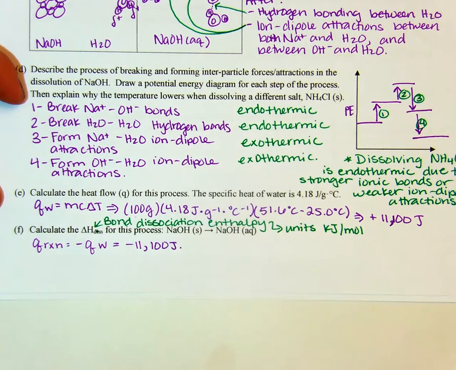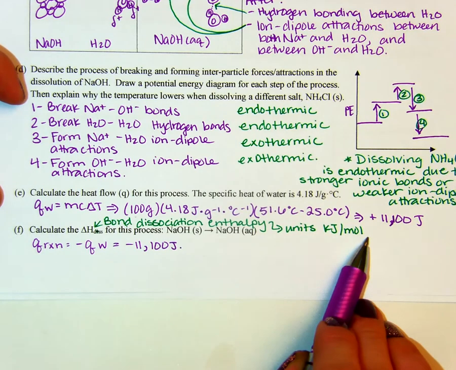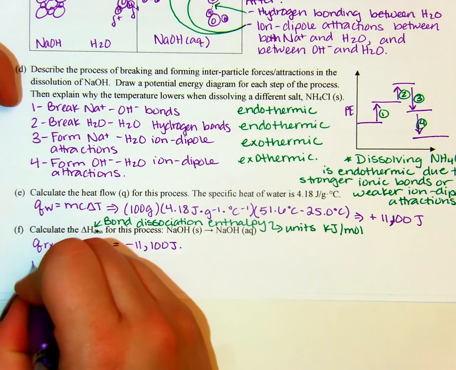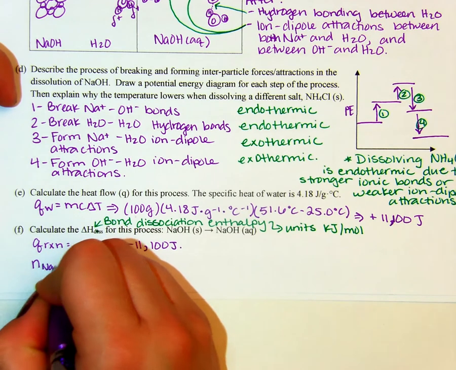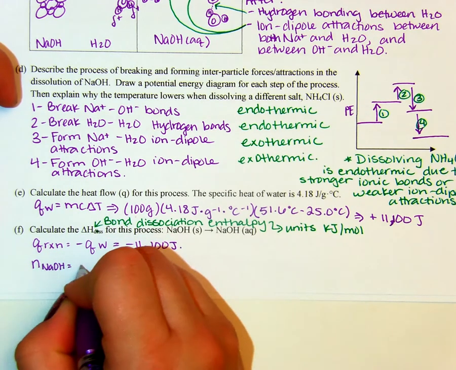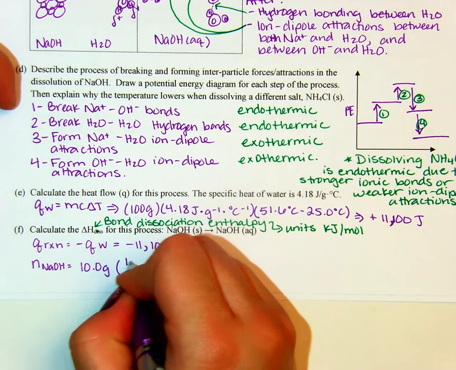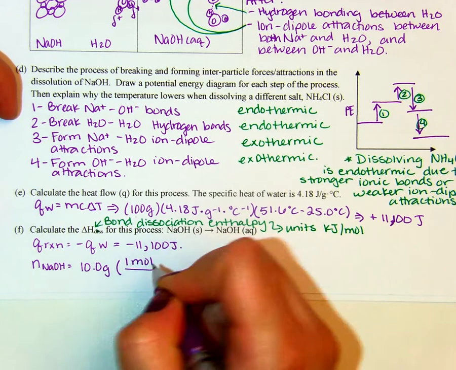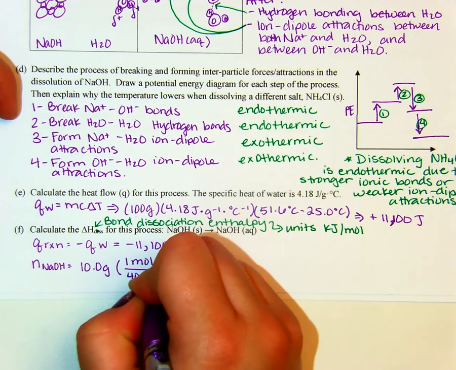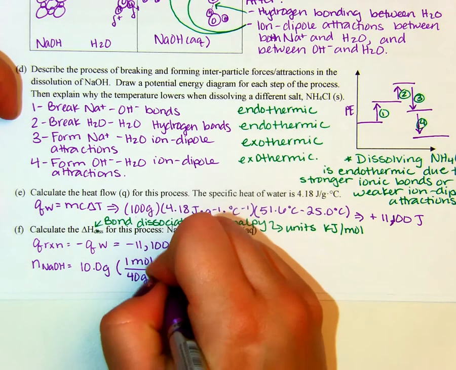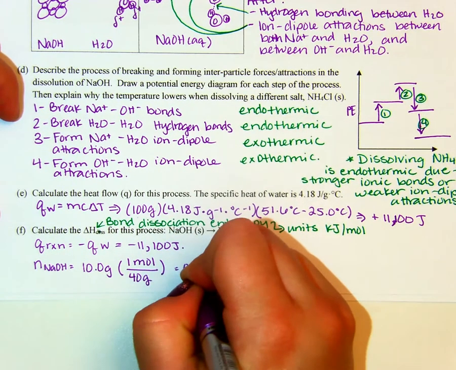All right, and we know this is per mole, and we're given grams, so we're going to do a quick conversion from grams to moles really fast. So the number of moles of NaOH. To calculate that, we started with 10 grams of NaOH, and its molar mass is 40, I believe, grams per mole. And that gives us 0.250 moles.